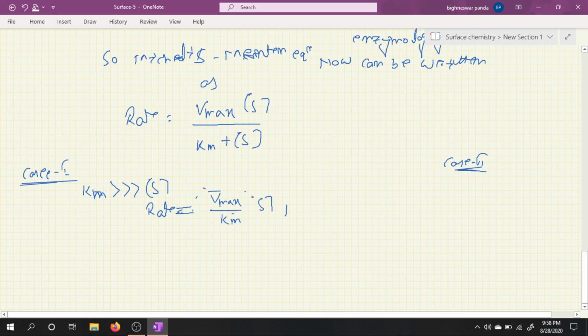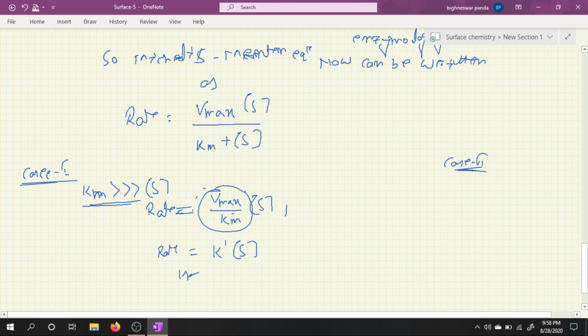So when Km is very much greater than S, rate is equal to k dash into S. This is first order. When the substrate concentration is very low, the enzyme catalysis follows first order reaction.